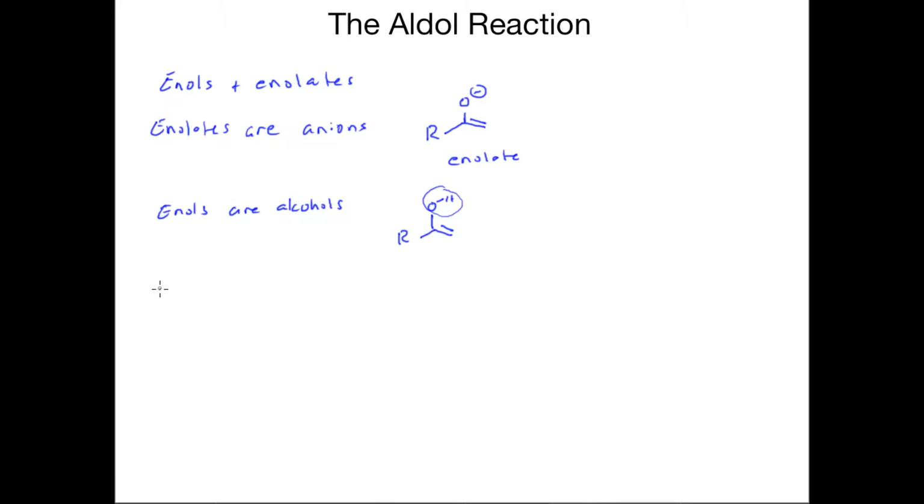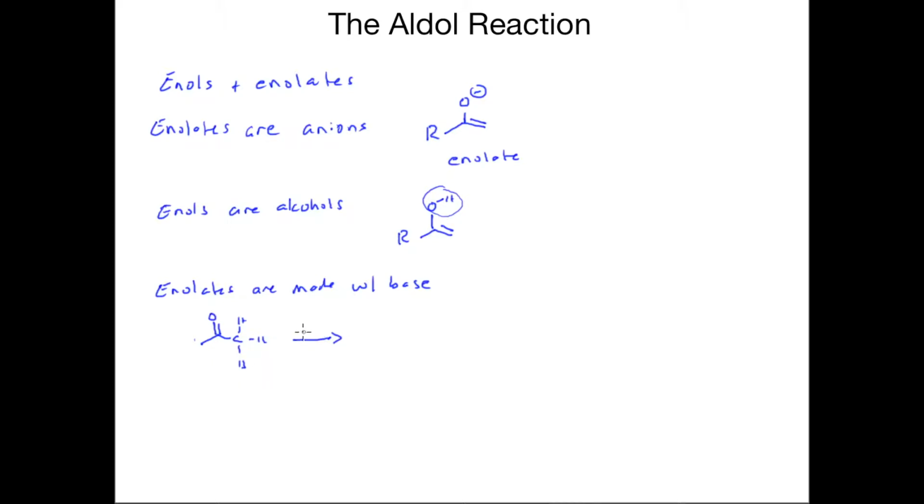Enolates, we typically form with bases. If I'm in a basic solution, I'm not going to have an OH present, so I'm going to use something that's kind of strong, and that's going to take away the proton that's here. I'm just going to put B minus for now.